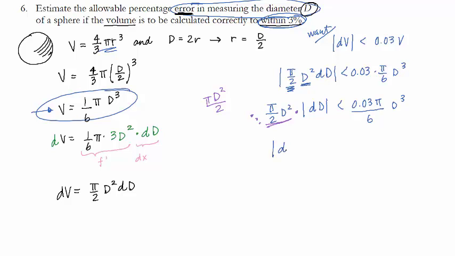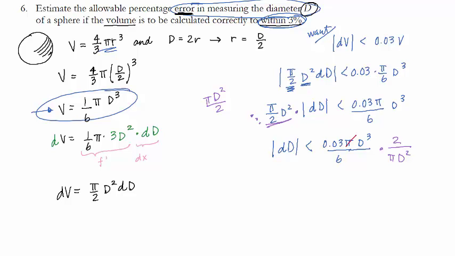The absolute value of the change in diameter is less than 0.03 pi over 6, that d cubed is in the numerator, d cubed over 1, times, what happens when we flip over the purple? 2 over pi d squared. Dividing by a complex fraction is the same thing as multiplying by the reciprocal.